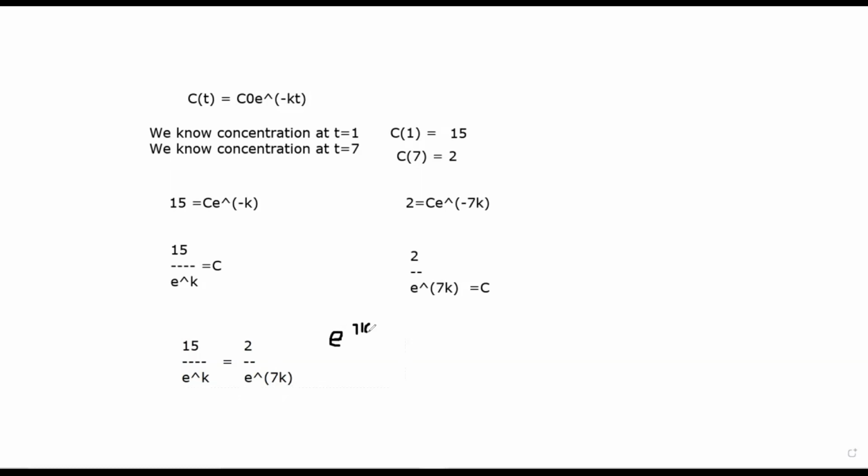And then you multiply by what's there, and then you multiply on the other side by e to the 7k, because what you do on one side, you have to do on the other, right? We learned that. Yes.